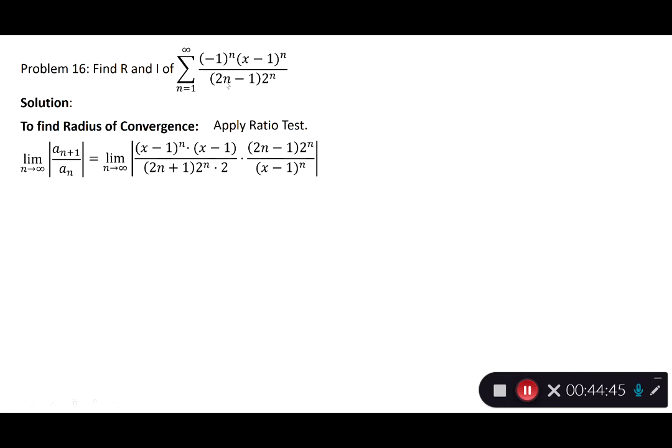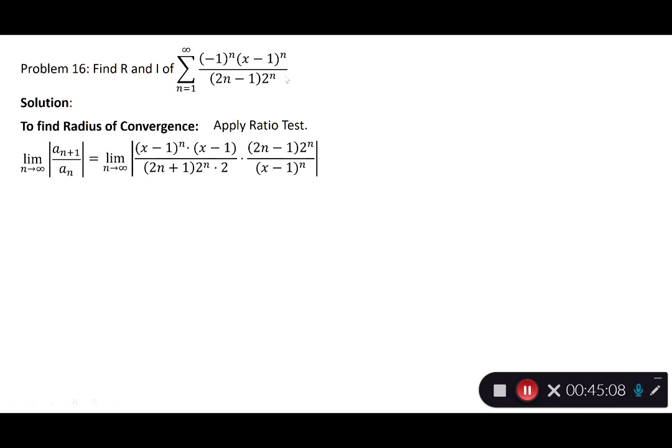And I'm replacing n with n plus 1. So 2 times n plus 1 minus 1 becomes 2n plus 1. 2 times the quantity n plus 1 becomes 2n plus 2. We are subtracting a 1. 2n plus 2 minus 1 is 2n plus 1. That's why I have 2n plus 1 here.